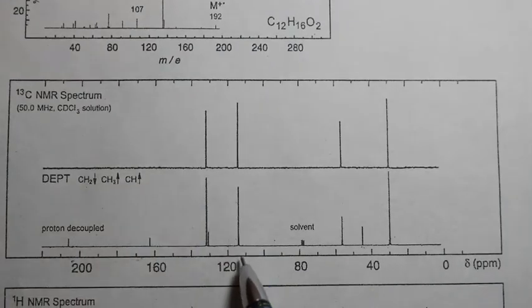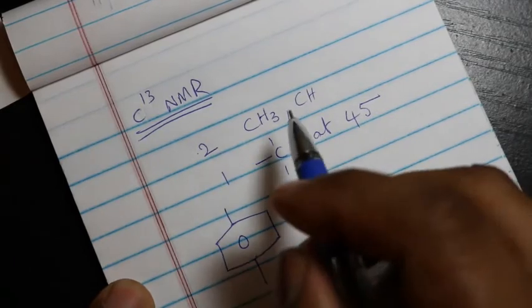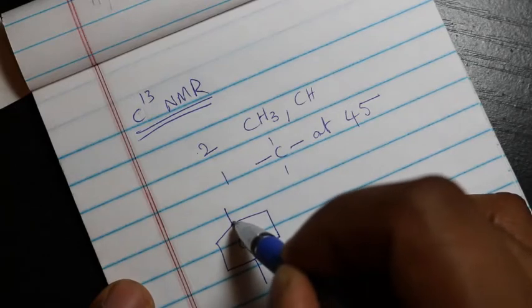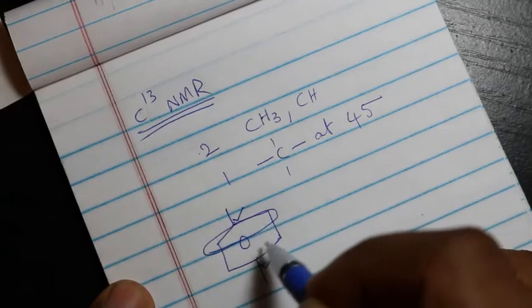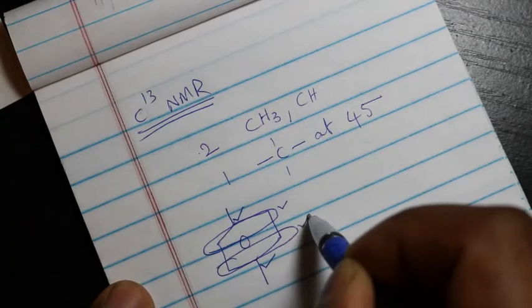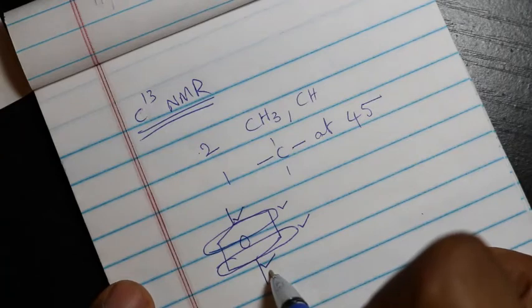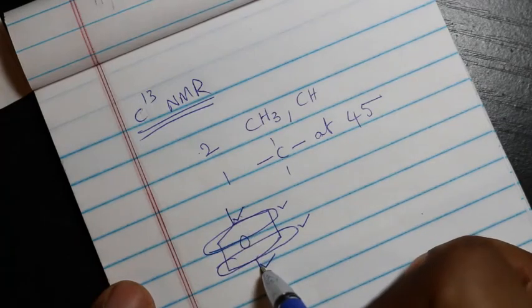We confirm a benzene ring and also we confirm a carbonyl. And we have aromatic carbons that give 1, 2, these two carbons are chemically equivalent, so 3, and these two carbons are chemically equivalent, 4. So we should see 4 peaks in the carbon NMR for disubstituted benzene rings, and among those 4, 2 are quaternary carbons.